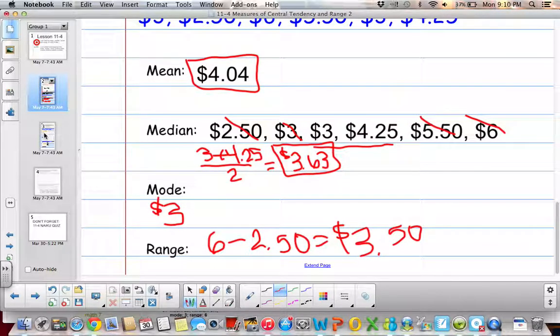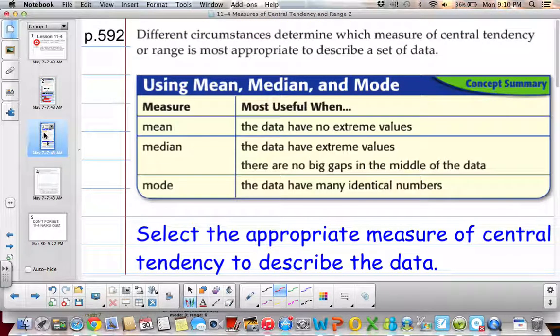All right. So sometimes different circumstances determine which measures of central tendency or range is most appropriate to describe a set of data. Using the mean is most useful when the data has no extreme values, so no values that are way, way below or way, way above.